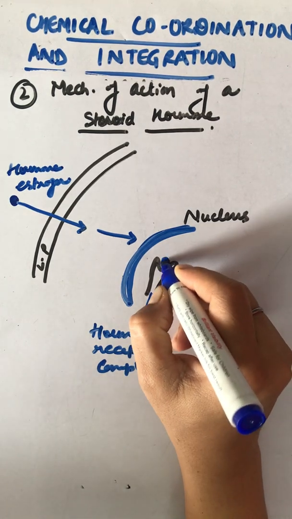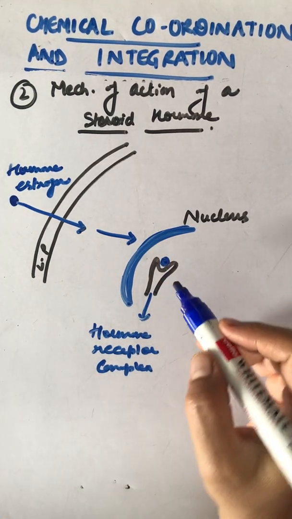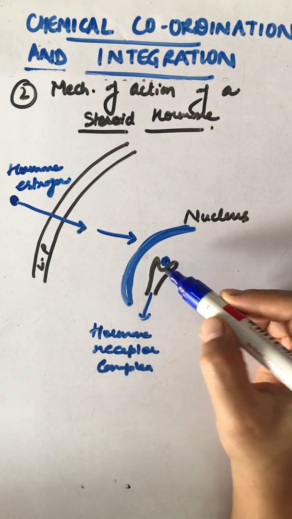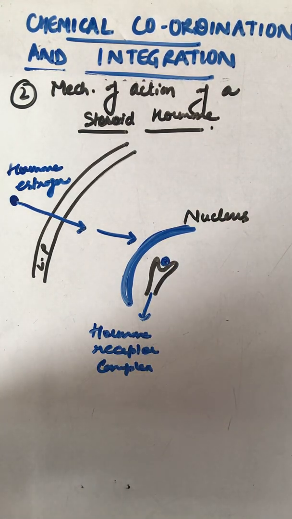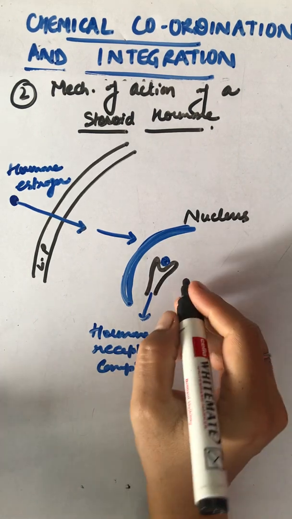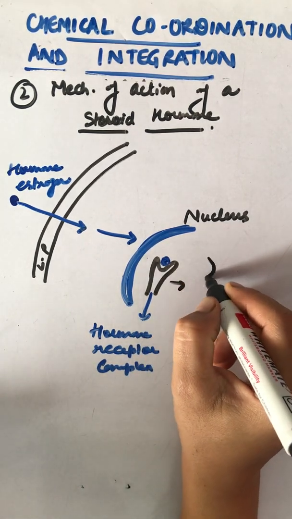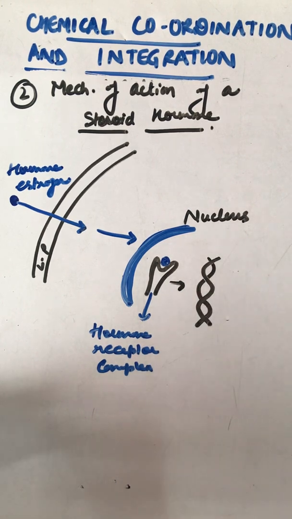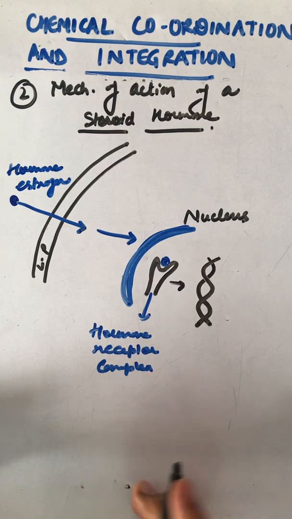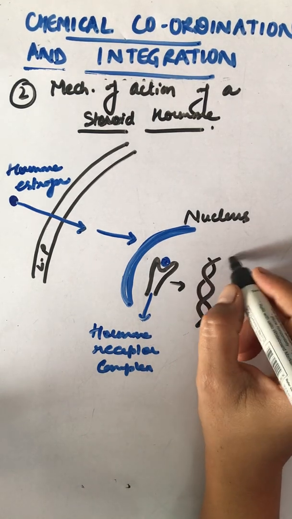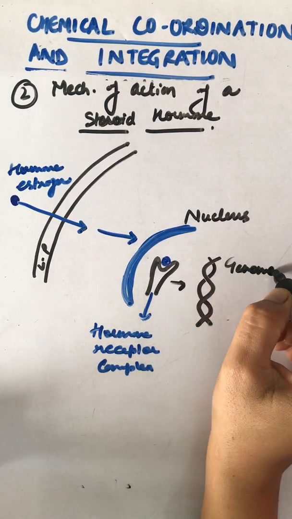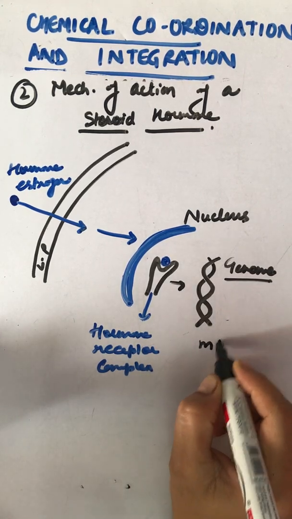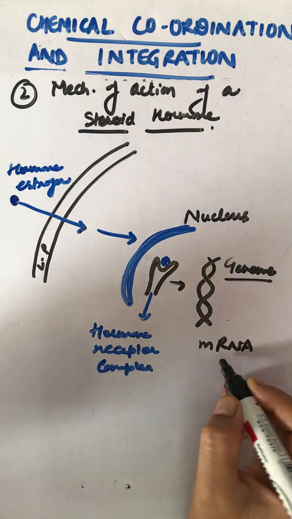This hormone receptor complex will automatically bind to the steroid hormone. Okay, and what will happen? The activity of this chromosomal DNA will automatically get affected. This genome will show changes. What? It will do the processing of mRNA.